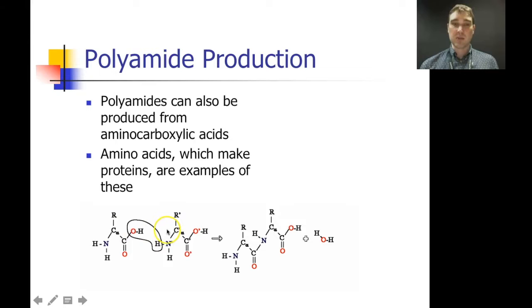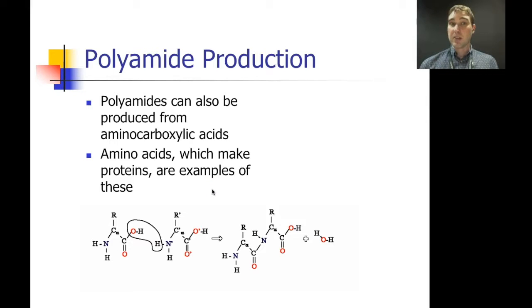You react two of those together, and you get your amide group forming in the middle. So that's the C double bond O NH down here. And you can, again, keep on doing that over and over again, and you get lots of those joined together, and you make your polyamide. And again, it's important to remember, every time this happens, you get a water molecule being produced. Now, amino acids are very important in your body. We're going to talk about amino acids and proteins later.